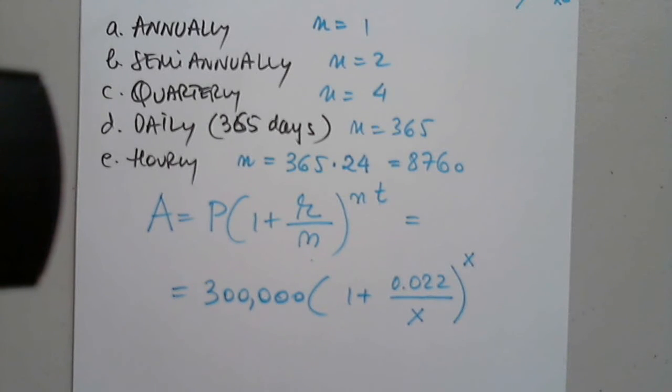I'm going to share my screen. Ready? Okay. So in y equals, up here, clear if you have anything else, and put in this function that we just determined. 300,000, left parenthesis, 1 plus 0.022 divided by x, close the parenthesis.